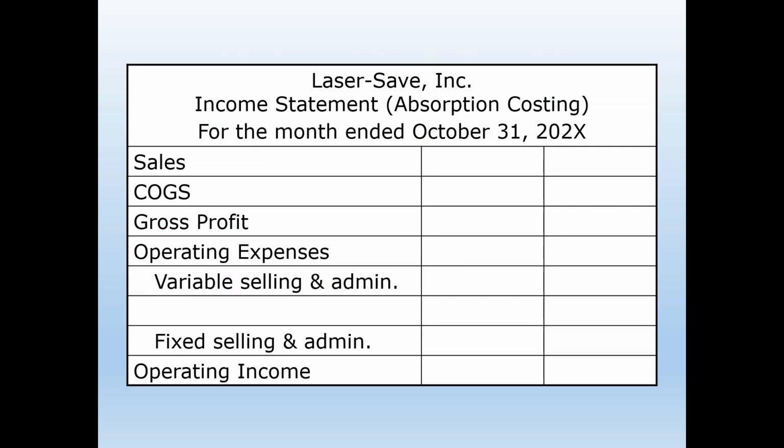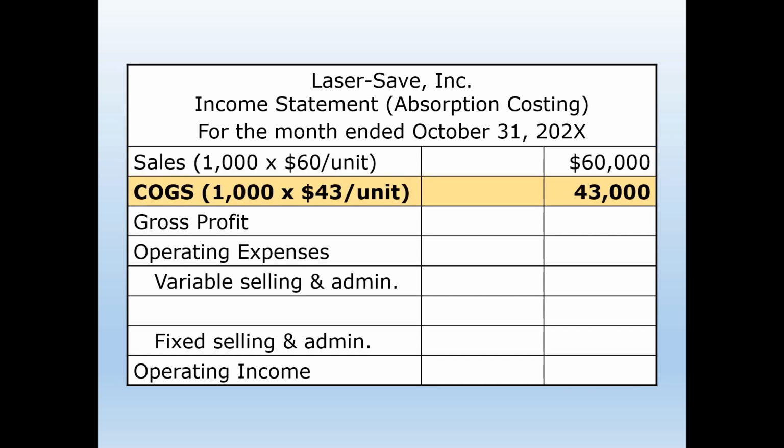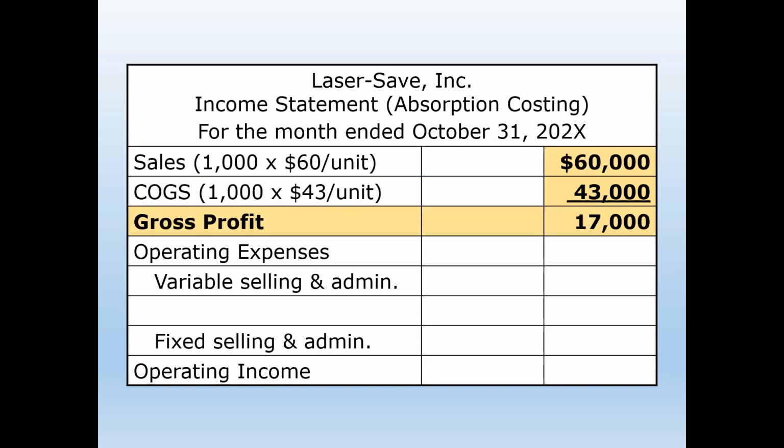On that basis, we can make an income statement for LaserSave in October under absorption costing. Sales revenue would be the $60 per unit selling price times the 1,000 units that the firm sold. Cost of goods sold would be the $43 per unit that we just figured out times the 1,000 units that they sold. Sales revenue minus cost of goods sold gives us the firm's gross profit for October.